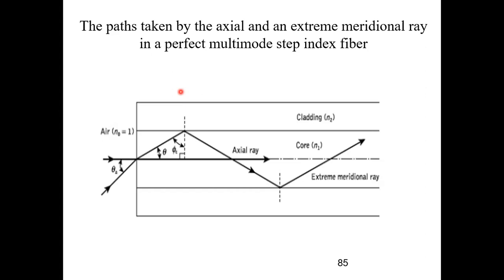Velocity is the same, refractive index is the same, so only the path length taken by each ray matters. So the delay difference will depend on that path length. Both the rays are traveling at the same velocity within a constant refractive index core, so the delay difference is directly related to their respective path length within the fiber.